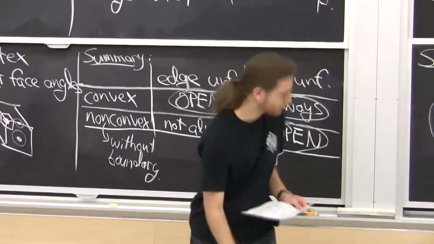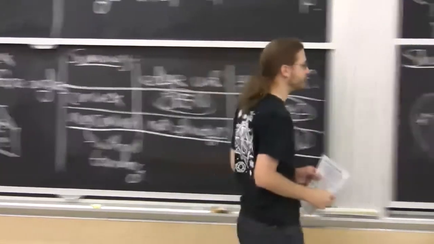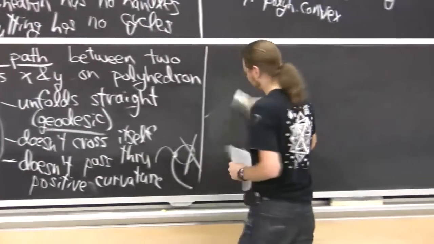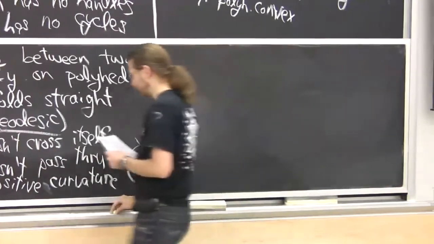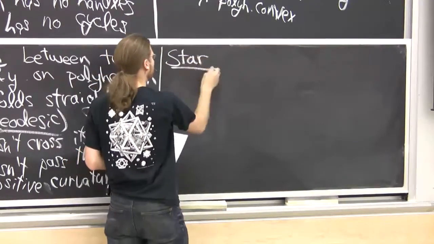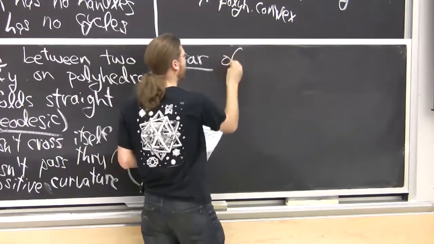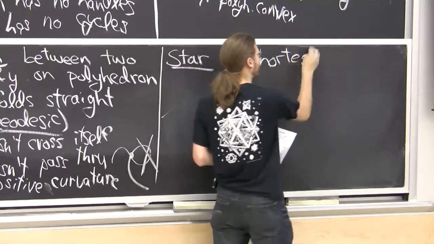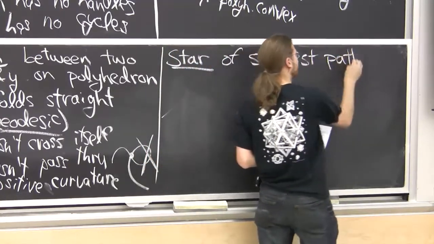So what? The shortest paths are going to be a really powerful tool for finding unfoldings. In particular, I wanted to find the star, that picture, of all shortest paths from one point.